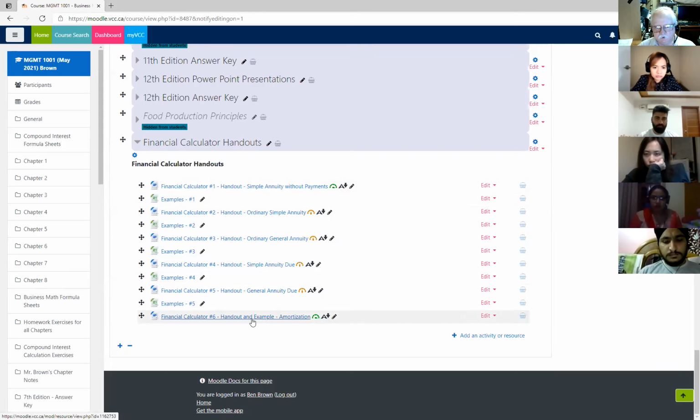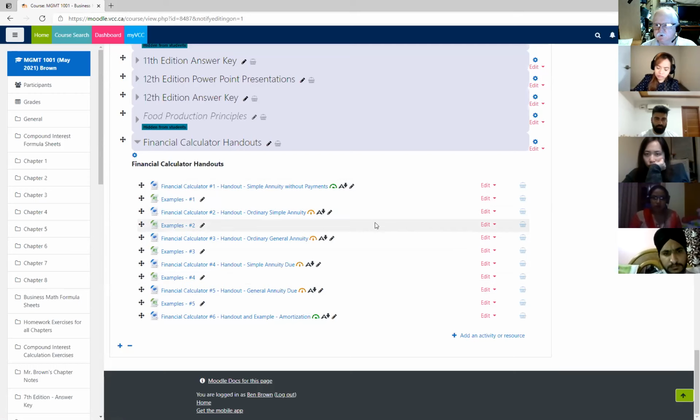So you'll want to take a look at these and get really comfortable using this calculator. Depending on how long I have to teach the course online, I guess I'll have a section dealing with Excel, but I don't have one there yet because I haven't done enough work with Excel to create specific handouts for Excel.